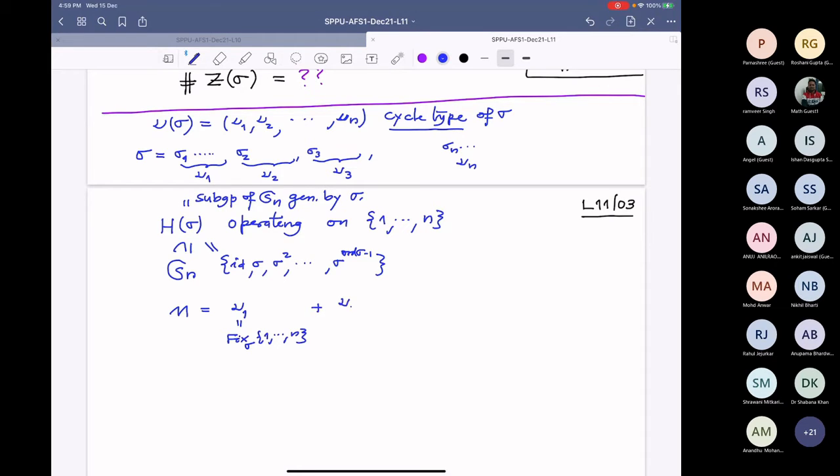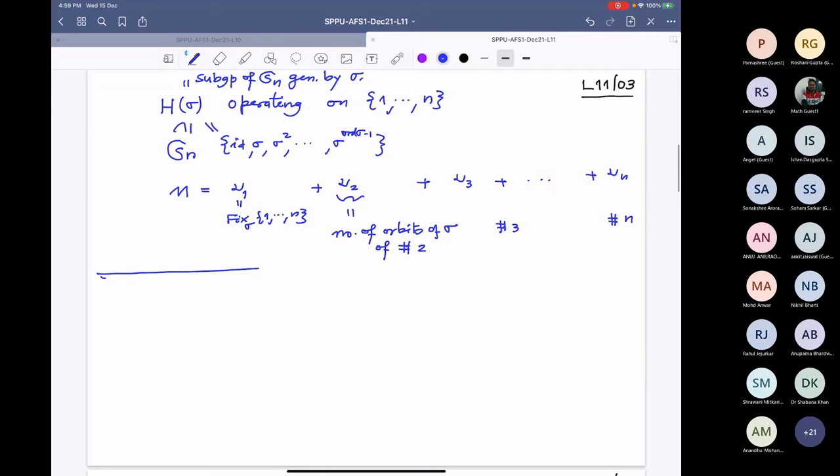Then mu 2 is the number of orbits of sigma of cardinality 2, because there are 2 cycles. Then mu 3 will be the number of orbits of cardinality 3, and so on. And mu n will be the number of orbits of sigma of cardinality n. Is that clear? So this is a class equation for this action. All right. So this might be useful for some calculation.